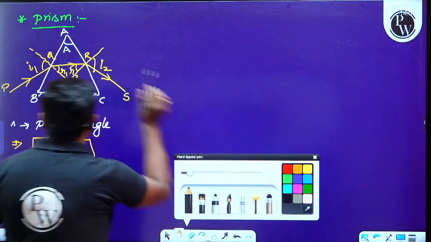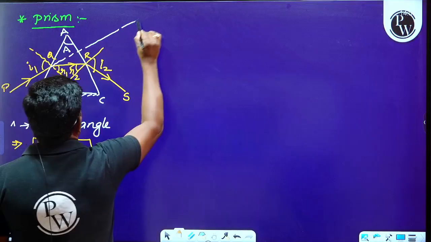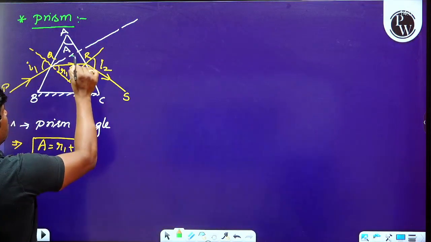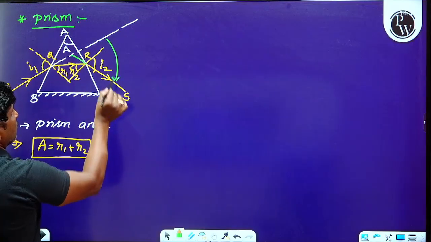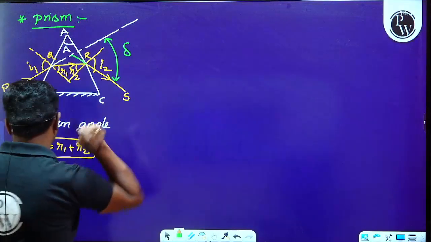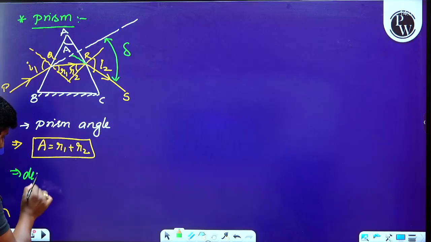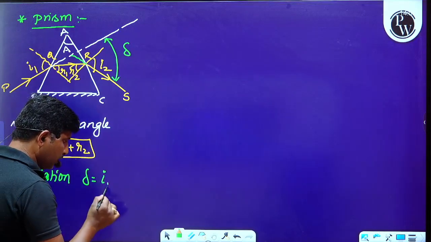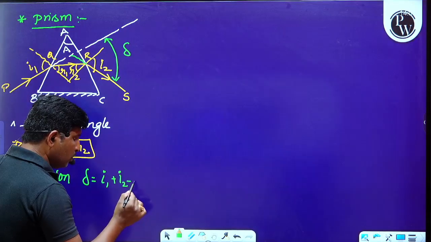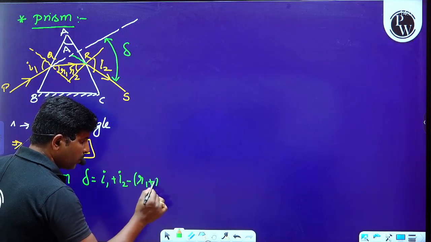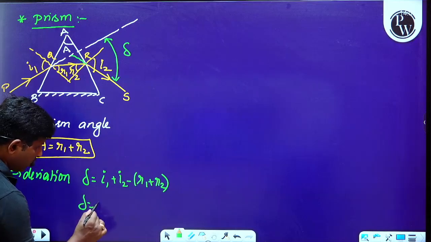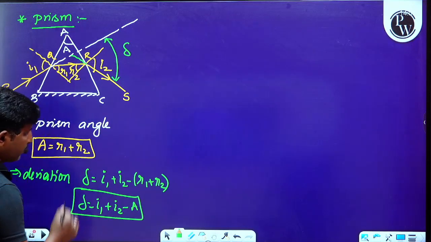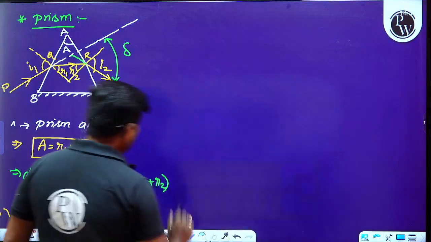Suppose if there is no prism, the light would have traveled along the dotted line. Is it clear? Therefore, there will be some deviation in the light, delta. So observe this. Deviation delta becomes equal to I1 plus I2 minus of R1 plus R2, or we can write delta is equal to I1 plus I2 minus capital A. And one more thing, it should be very clear.